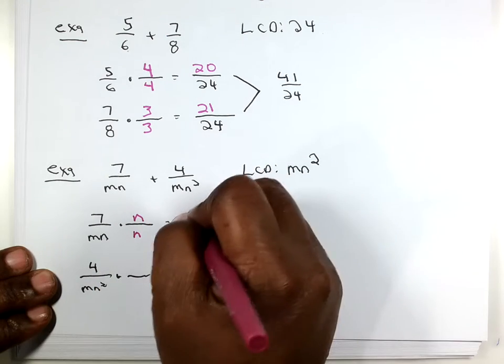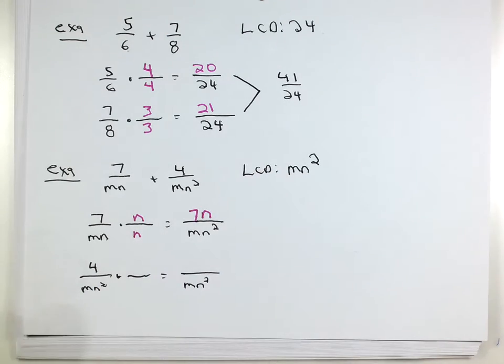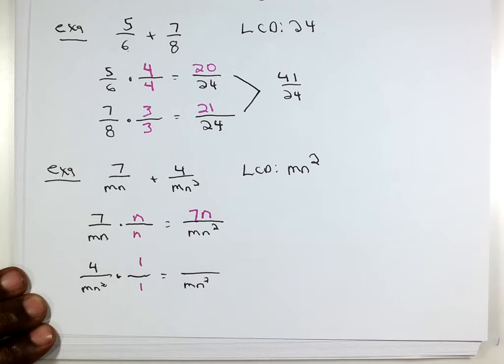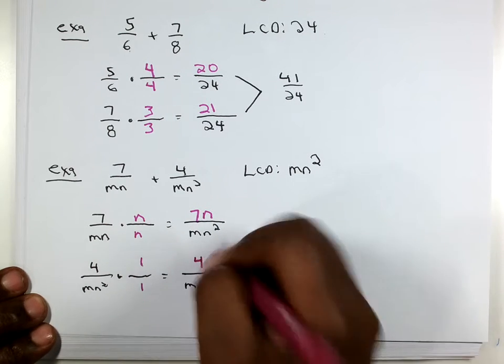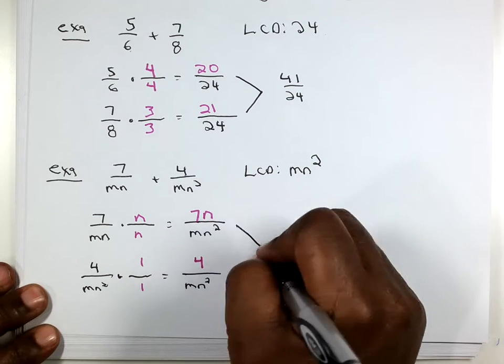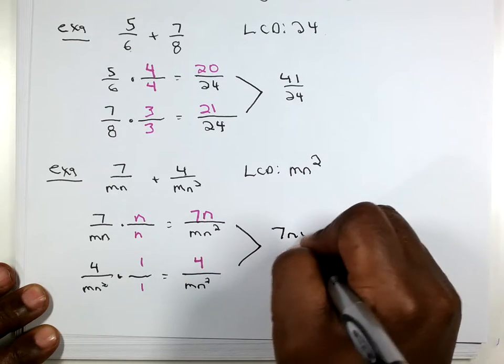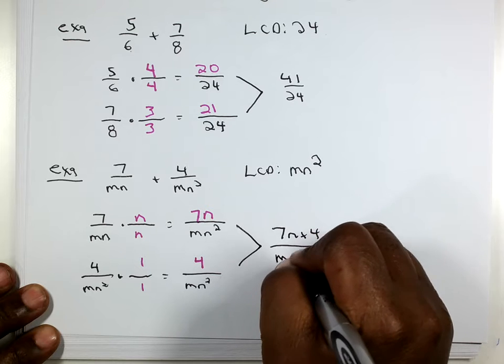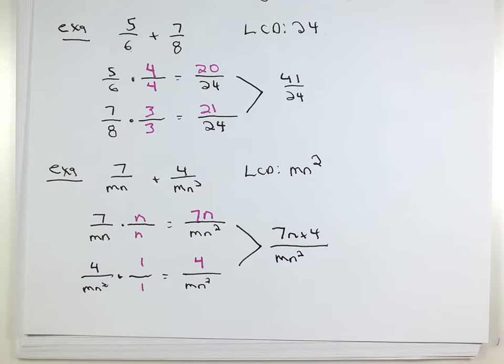So I'm multiplying that by n over n. The bottom one, I have everything I need, so I'm just multiplying by 1. So I get 7n over mn squared plus 4 over mn squared, and now I can combine them. So my numerator is 7n plus 4 over mn squared.